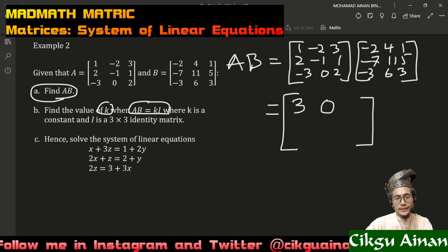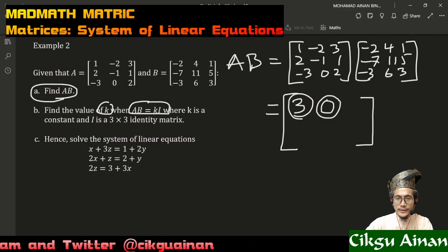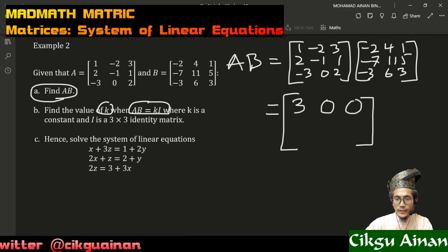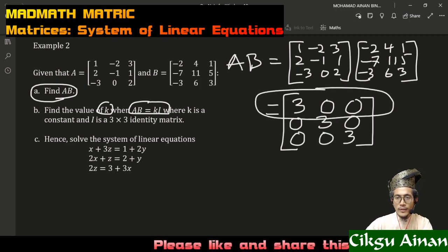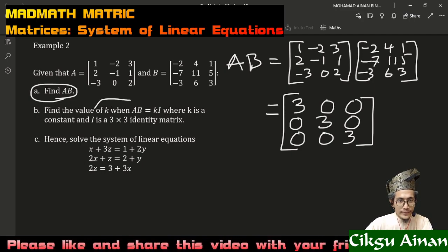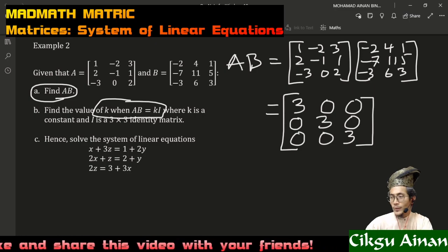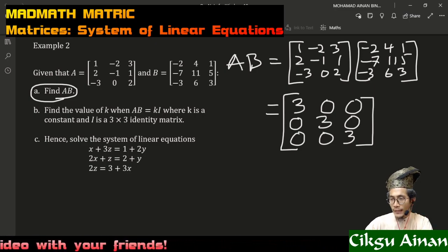Because this is 3, this is 0, this will be 0, and the next one will be 0, 3, 0, and the last one 0, 0, 3. So just find the first row, but you have to make sure the next part is talking about AB equals KI. Otherwise, you have to calculate everything.